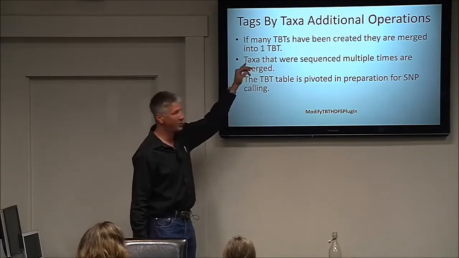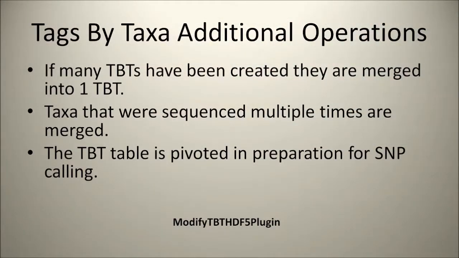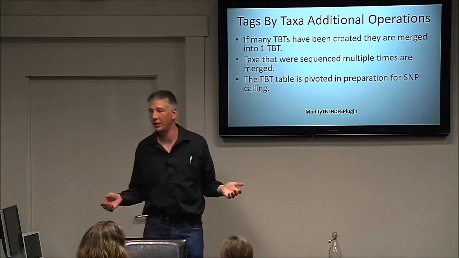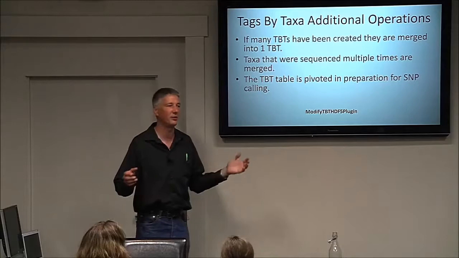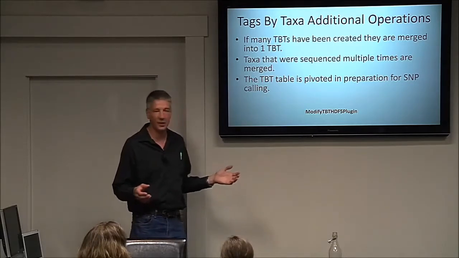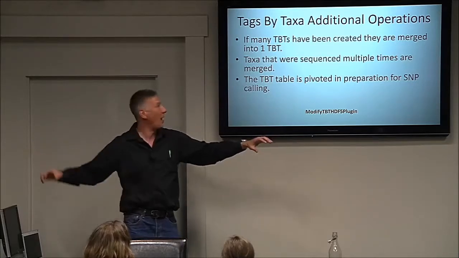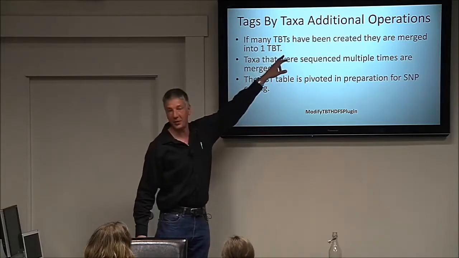The tags by taxa, we do additional operations on this file. If you're running a large project, let's say I had 300 flow cells worth of data, 300 lanes of data, 300 data files. In order to get anything done in a reasonable time, you can chunk the jobs up across multiple machines and then create many, many tags by taxa files.